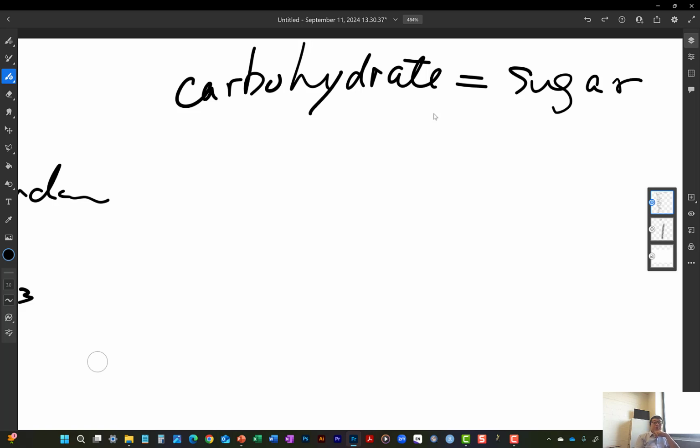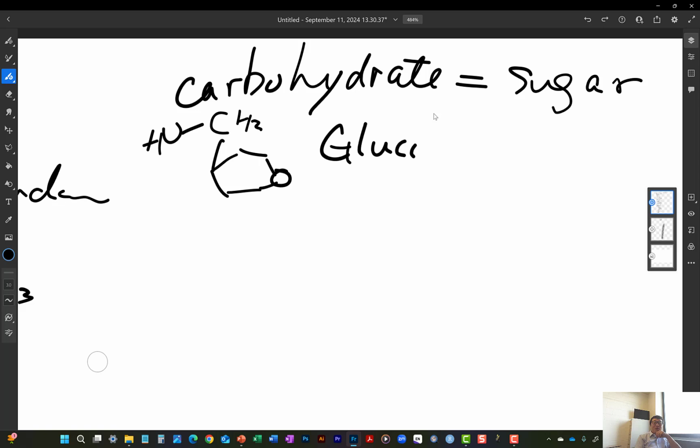A common thing about carbohydrates is, we know, this is, looks so ugly, this is glucose. Glucose is one of the common carbohydrate monomers. Glucose is a monomer, a simple sugar.